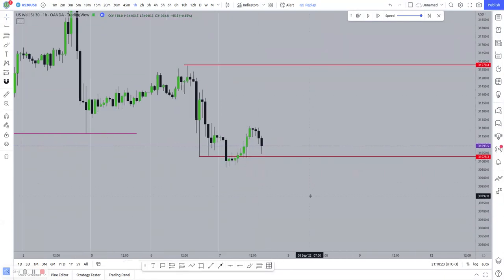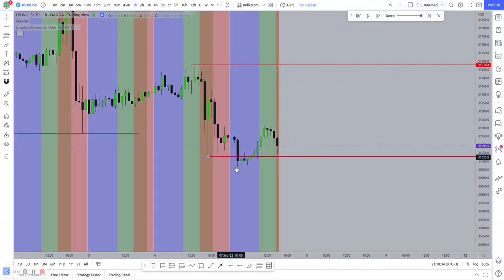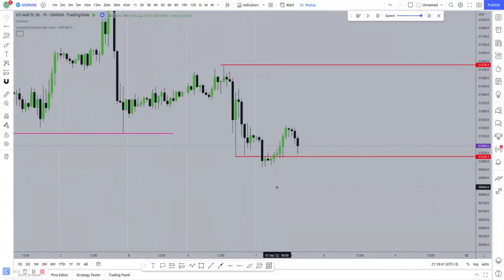When I realized that price had taken liquidity from these lows in Asia, I have an indicator that shows sessions. So this is the Asian session, and on this bullish candle is where London opened. Price has already taken the sell side liquidity from these swing lows.